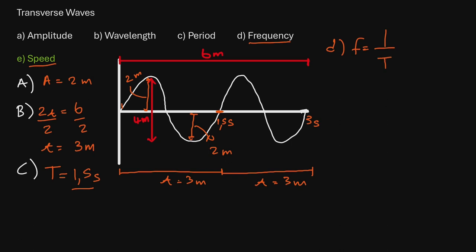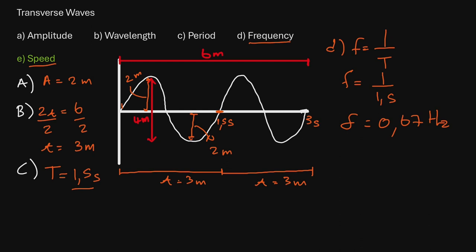So you just substitute 1 over period. We already know that the period here is 1.5. Therefore, the frequency will be 1 divided by 1.5, which is the same thing as 0.67 hertz. The unit for frequency is hertz. So that is how you will calculate the frequency.